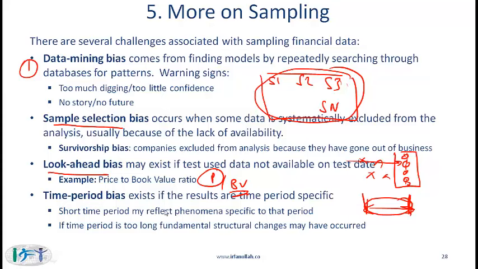Another situation where you can have a time period bias is if the time period that you use is too long and there have been certain fundamental economic changes during that time period.